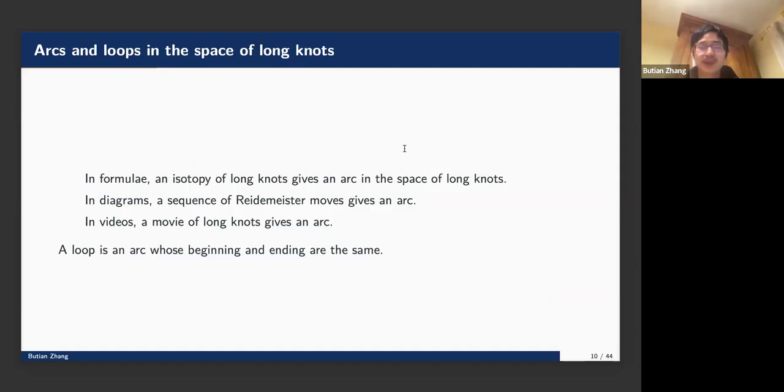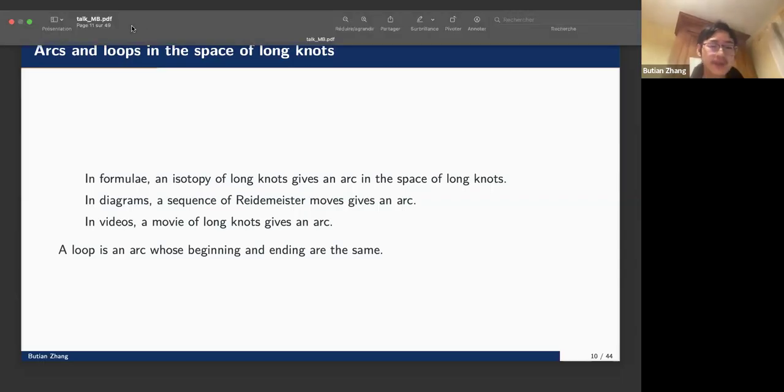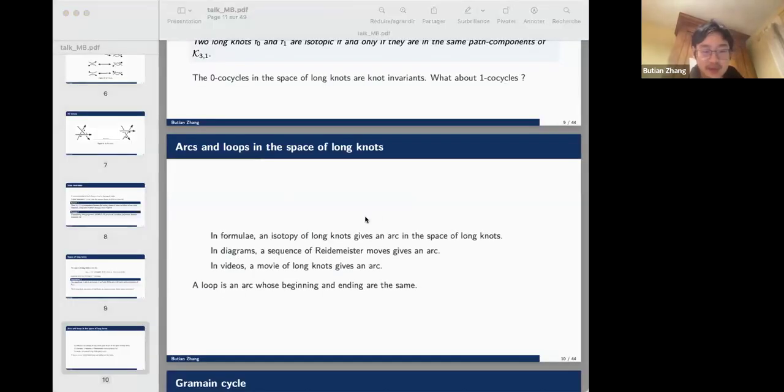And if you watch a video, an arc in this space is actually given by a movie centered at a specific long knot. So perhaps I shall show you a video which represents an arc in the space of long knots. Let me change to the video.